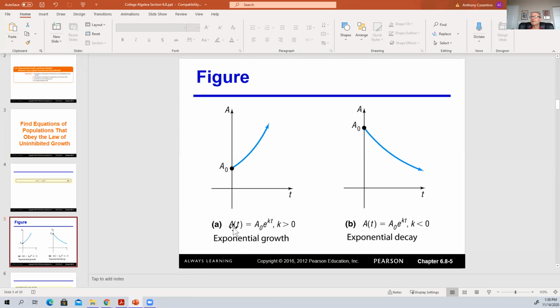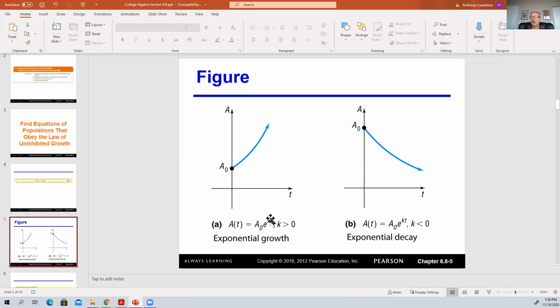And so the amount at time t, and then this A0 is basically the initial start point. And then e is our base, and then k is like the interest rate, right? So k is going to be our, they call it growth rate.